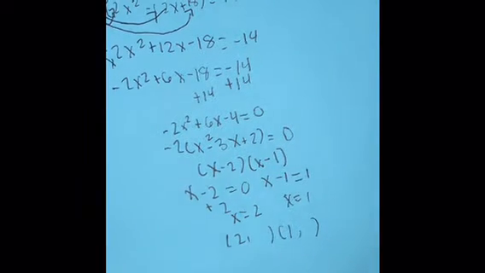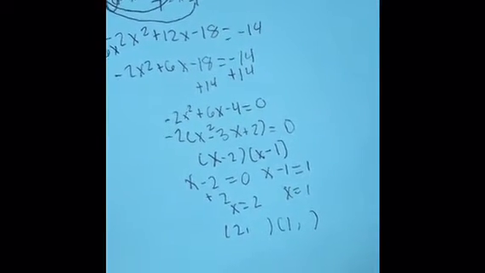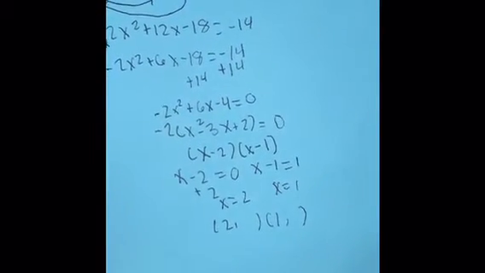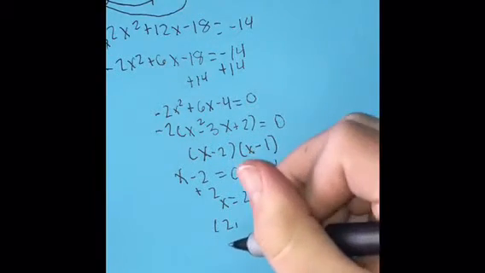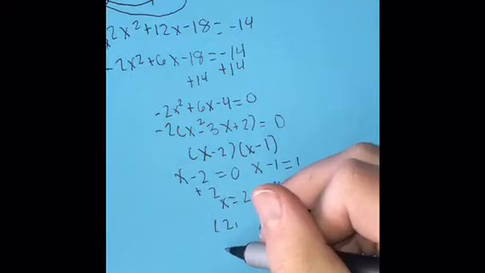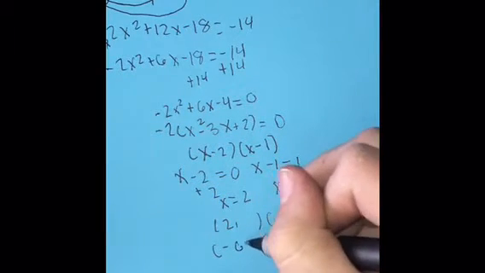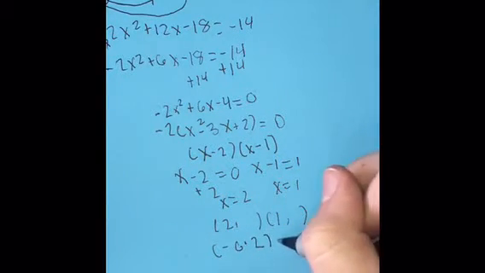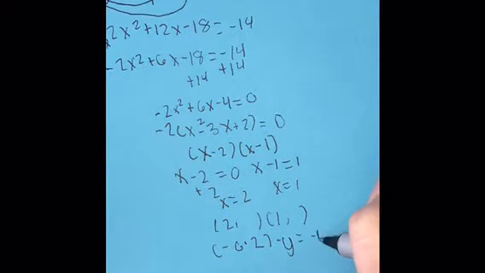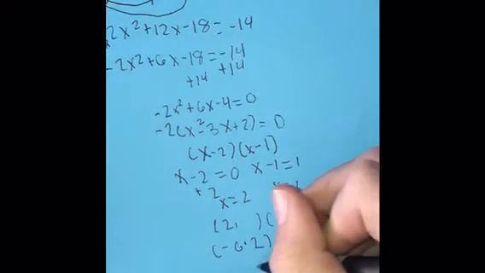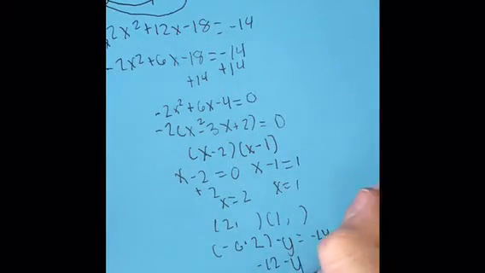Now that we have these points, we're going to want to plug them back into the system in order to get our y's. I'm going to use the part of the system that I find easiest, so I'm going to use 6x minus y is equal to negative 14. So we need to plug that in, so we're going to do 6 times 2 minus y is equal to negative 14. 6 times 2 is 12, minus y is negative 14.